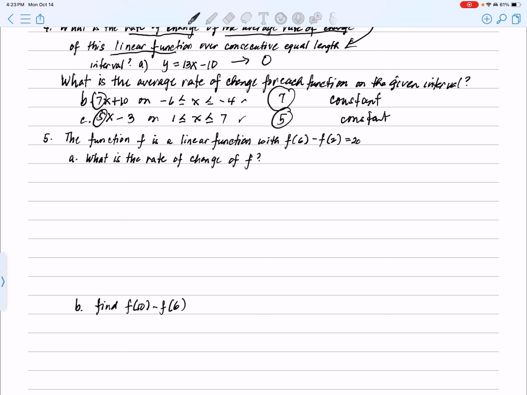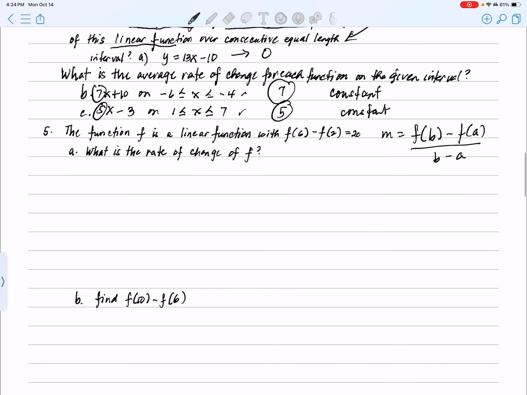Now, you can see that function of 6, function of b, we should not neglect the formula for the rate of change that we have been using. That's the function of b minus function of a over b minus a. Remember, we did that in the rate of change lesson.